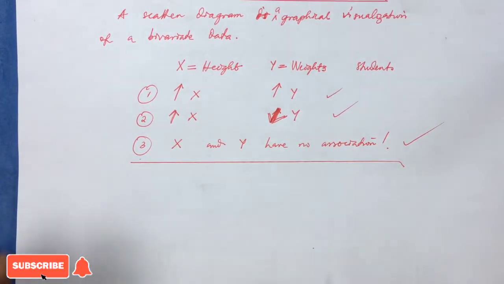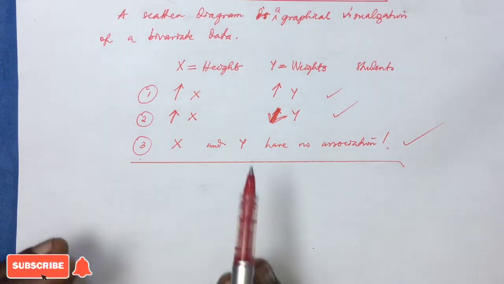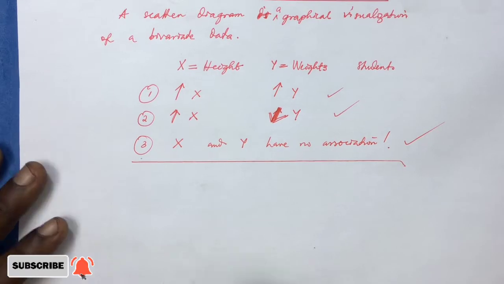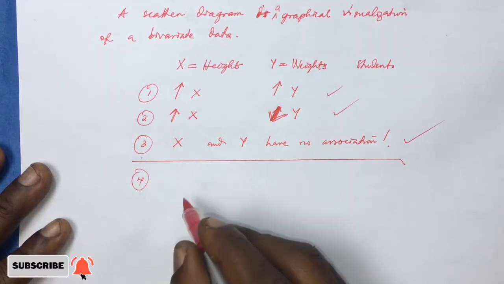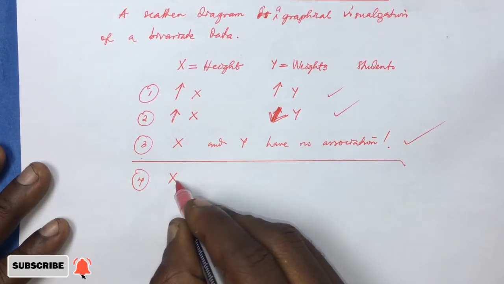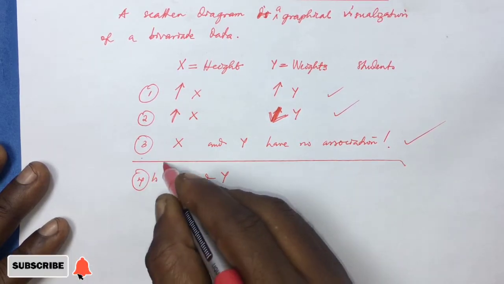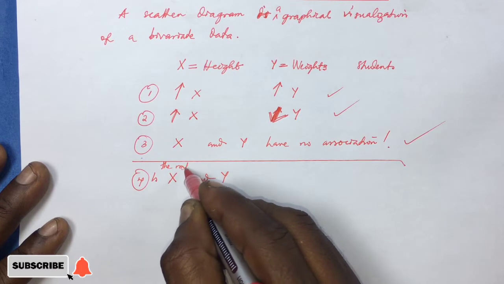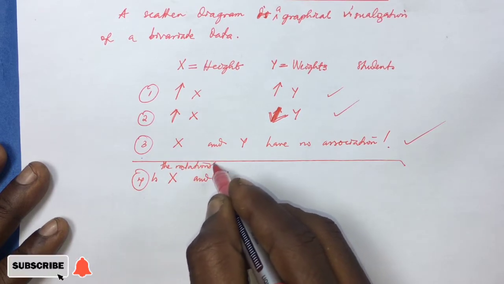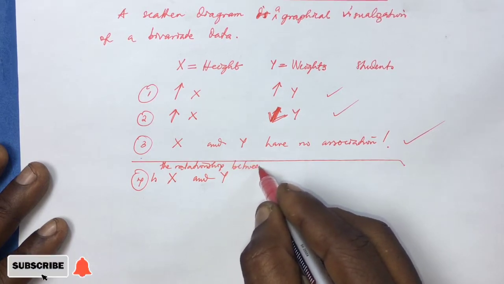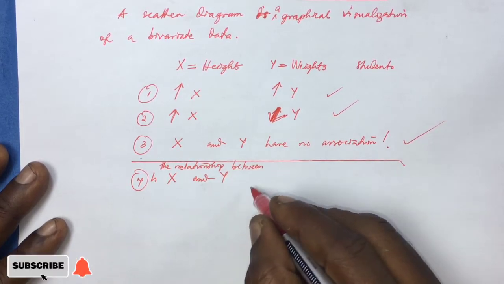Is there any association between the two variables in such a way that an increase in one causes an increase in the other, an increase in one causes a decrease in the other, or there is no association at all? A fourth consideration may be, is the relationship between X and Y linear?